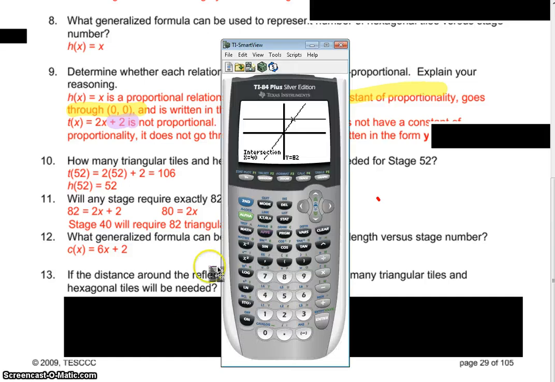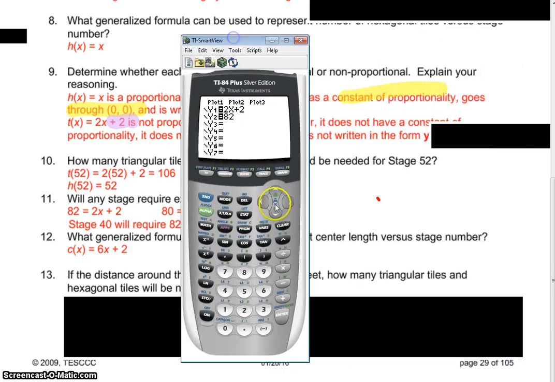You're going to go back over here, and you're going to put 2x plus 2 for y equal, and you're going to put 7838, and then you're going to go second calc 5, enter, enter, enter. And if it does that, you're going to have to zoom out until you can see both of your lines.